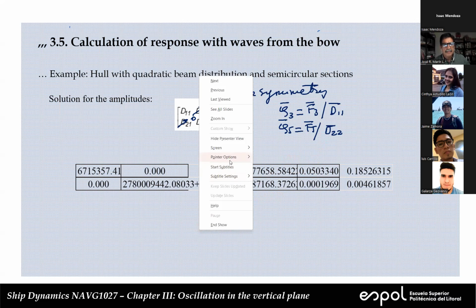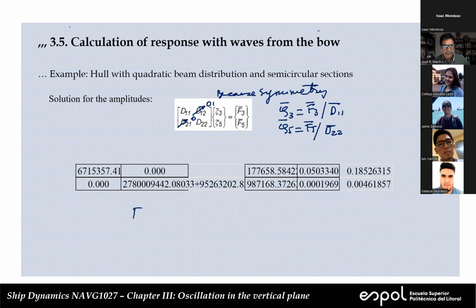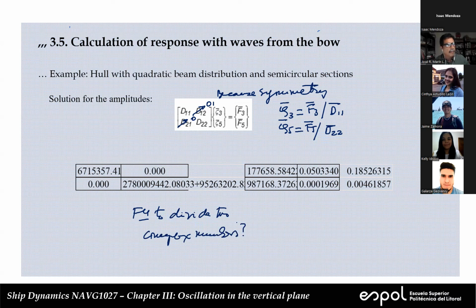What's the name of the function that you need to use? Imaginary div. Exactly. IMDIV. And you put one number and then comma the other. Yeah, thank you. And the result of this is another complex.